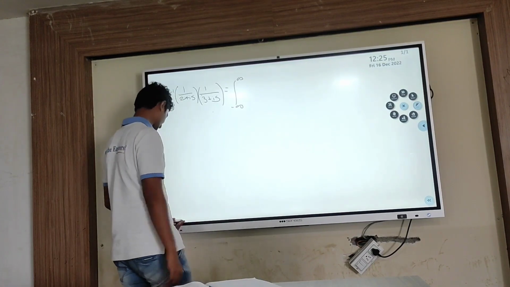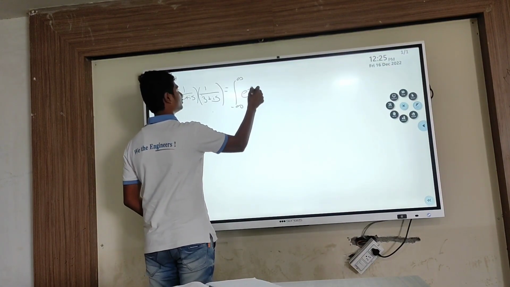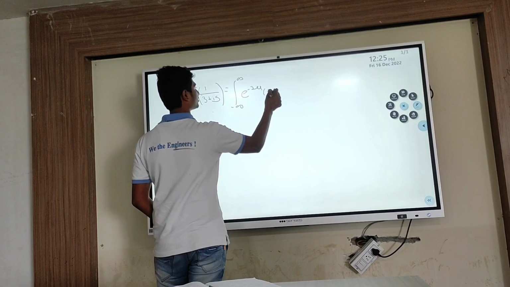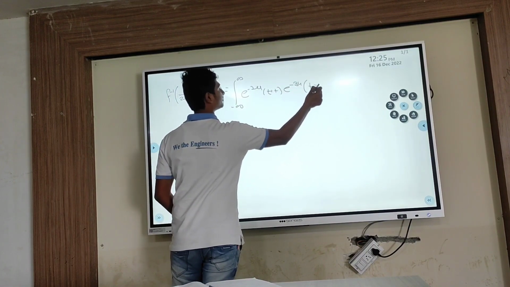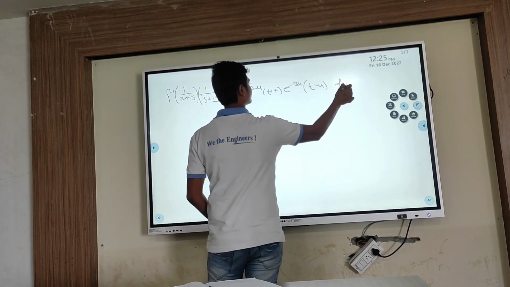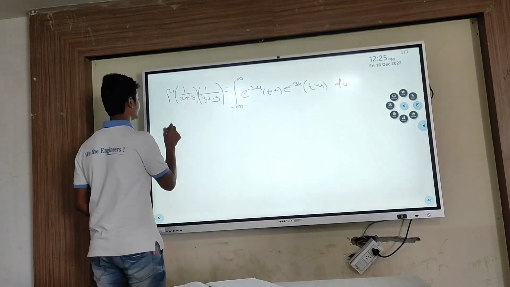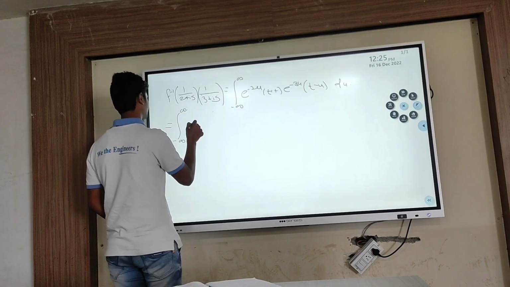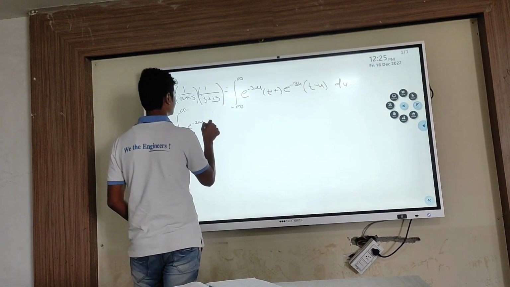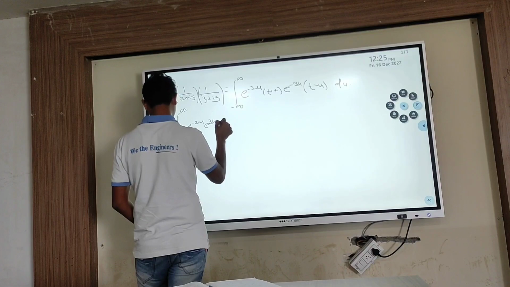So we get an integration of e raised to minus 2u h of u and e raised to minus 3 times t minus u h of t minus u du. So we can integrate from minus infinity to infinity. So e raised to minus 2u, e raised to minus 3u, and e raised to minus 3t.